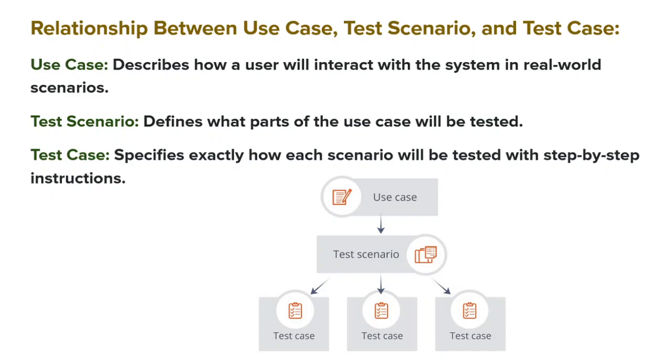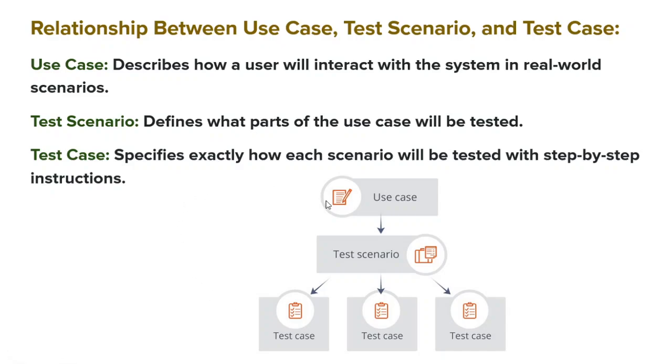And test case. Test case specifies exactly how each scenario will be tested. So how to test, that comes under the test case with step-by-step instructions. So if you see this diagram, from use cases we derive the test scenarios, and from test scenario, each test scenario can have single or multiple test cases.